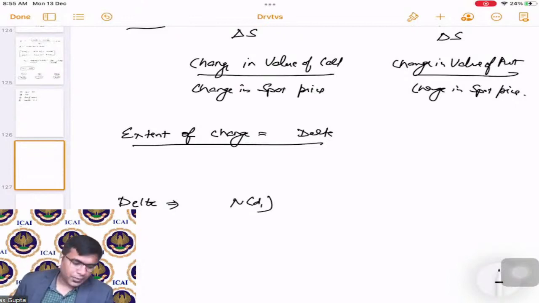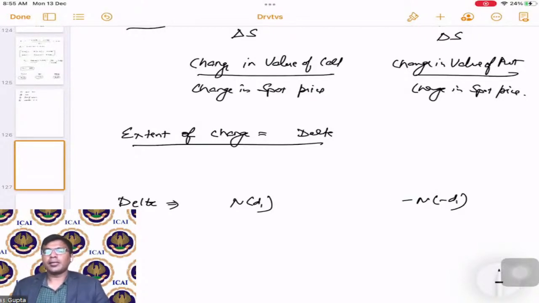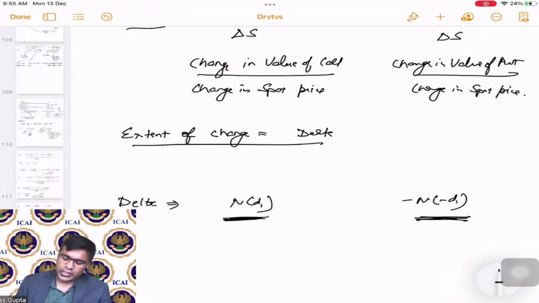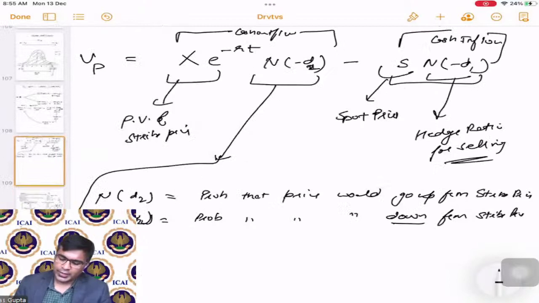And delta for a put option is equal to minus N(minus d1). Sorry, this first one is the delta of the call option, and this is the delta of the put option. This minus N(minus d1) actually comes from the value of the put only.